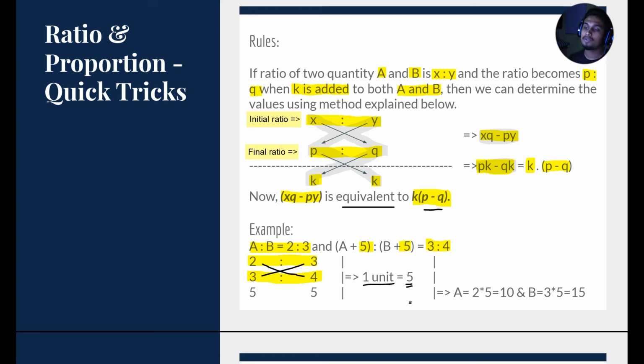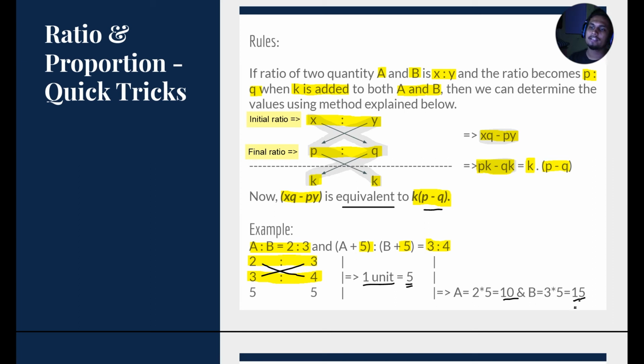Now you can just use that value for 1 unit in any of these ratios and you will get the actual values of the quantities A and B. A will be 2 into 5, that is 10, and B will be 3 into 5, that is 15.